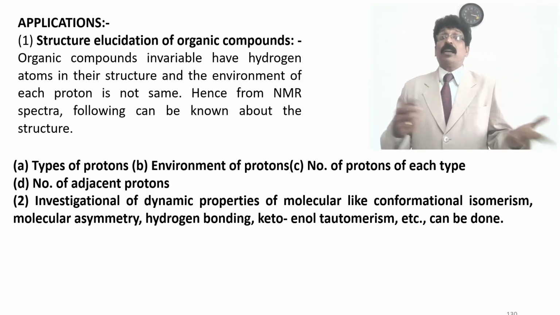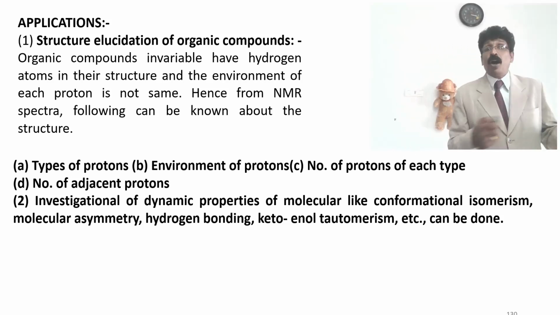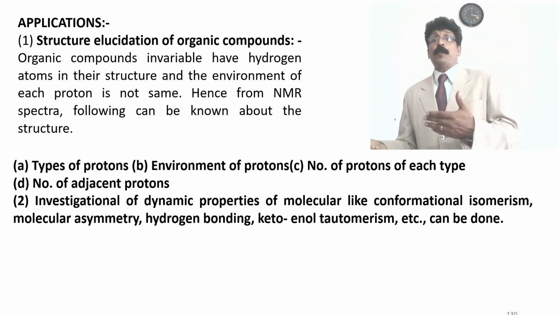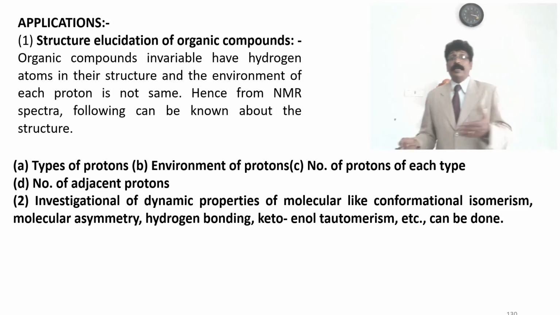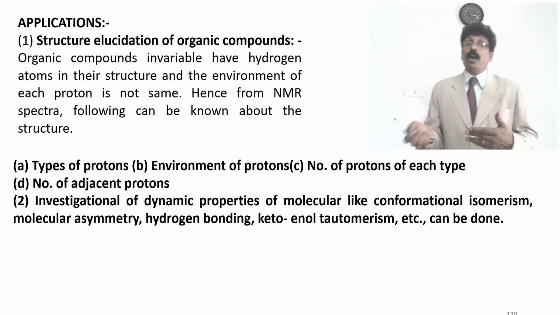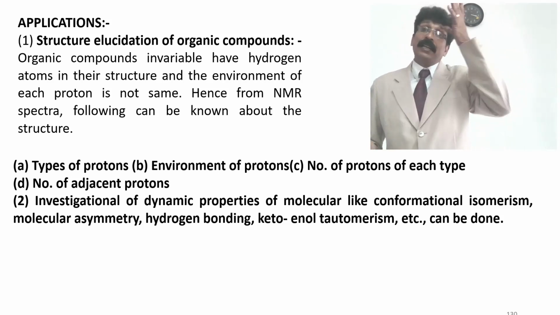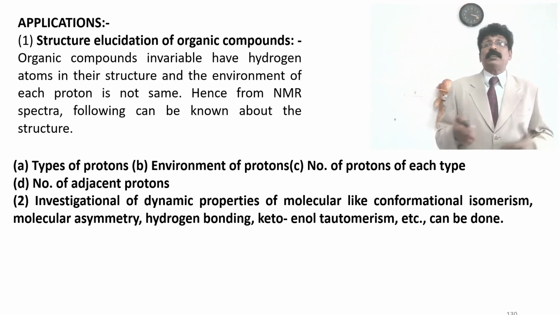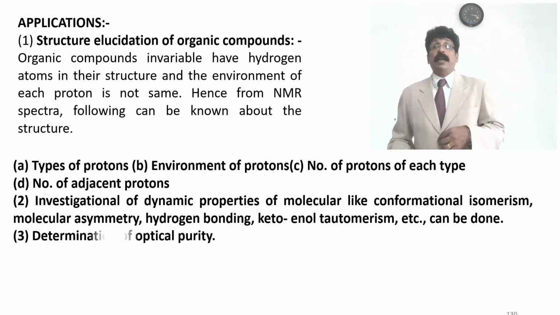Enol tautomerism means you have an enolic form; the OH group can also be formed into a keto group, like how ascorbic acid has an enolic structure or tartaric acid has an enolic structure. So enol tautomerism can also be studied by NMR.